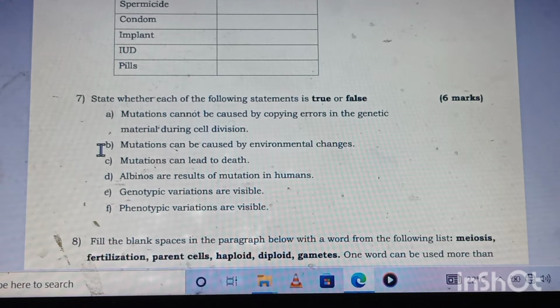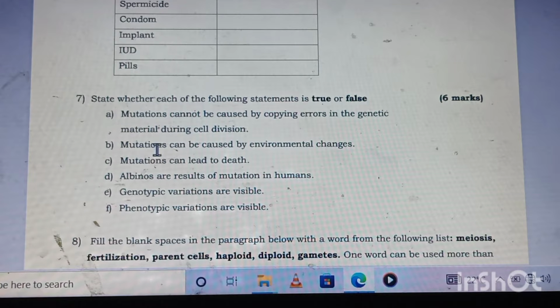Mutation is a permanent change of DNA sequence. The correct answer here is false, because a mutation can be caused by error in the genetic material during cell division.